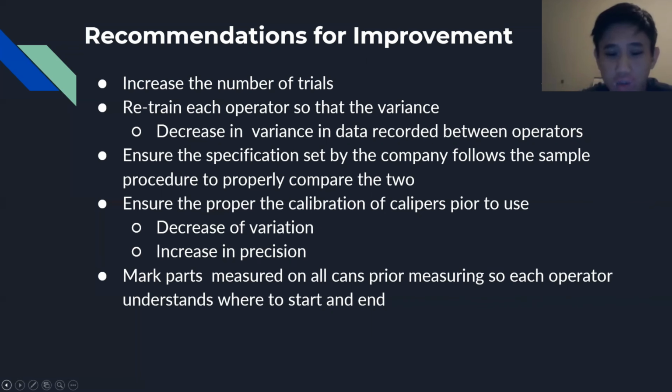Another recommendation is probably to mark on the cans specifically where to start and end the measurements, so that it could decrease the variation since the operators have a clear understanding of what is being measured.